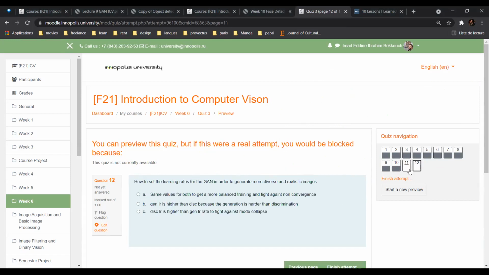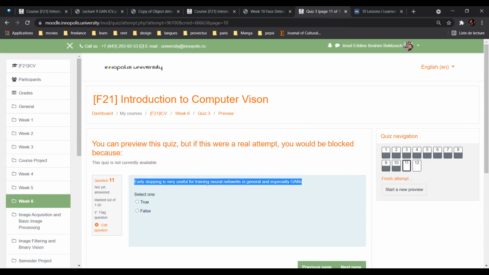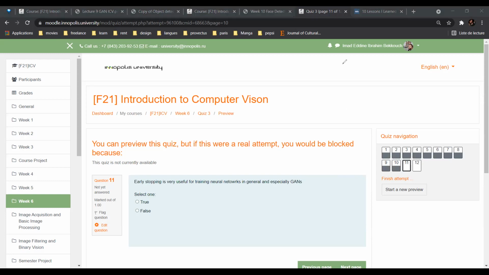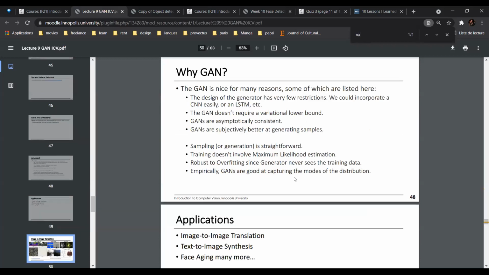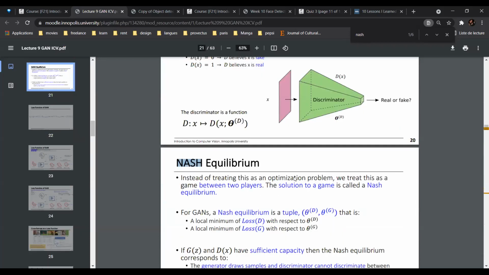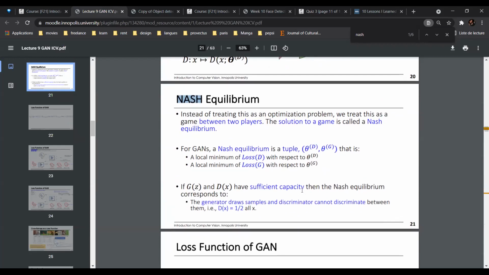Could I ask you? In the lecture, you said that to train the GAN, we need to find the Nash equilibrium when the loss of the discriminator will be 1/2. So if for several training epochs we got a loss of the discriminator of 1.5, how can we stop otherwise without using any early stopping?